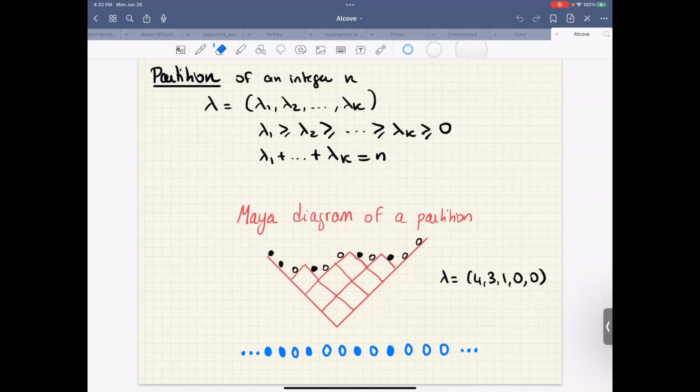Okay, so you can take a partition, for example, 4, 3, 1, 0, 0. You can draw its Ferrers diagram where you put a 4, then a 3, then a 1, a 0, a 0. Then you read just the border of this Ferrers diagram, and I put a particle when I go down, and I put a hole when I go up.